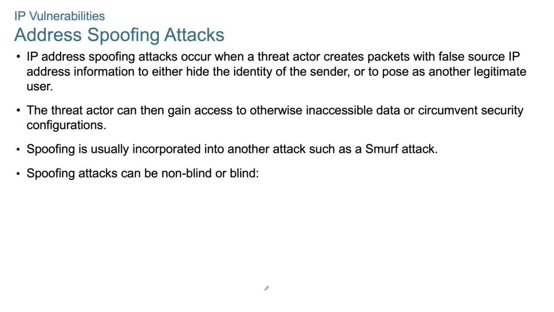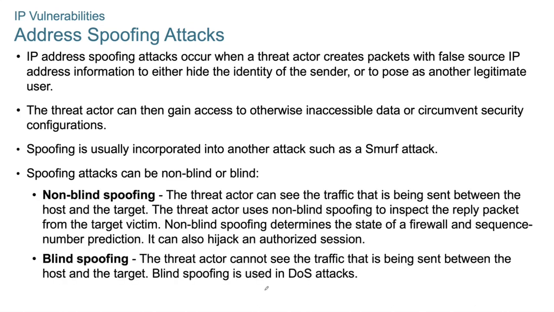Now the MAC address spoofing attack is used when the threat actors have access to the internal network. The threat actors alter the MAC address of their host to match another known MAC address of a target host, and then try to act as a legitimate user.